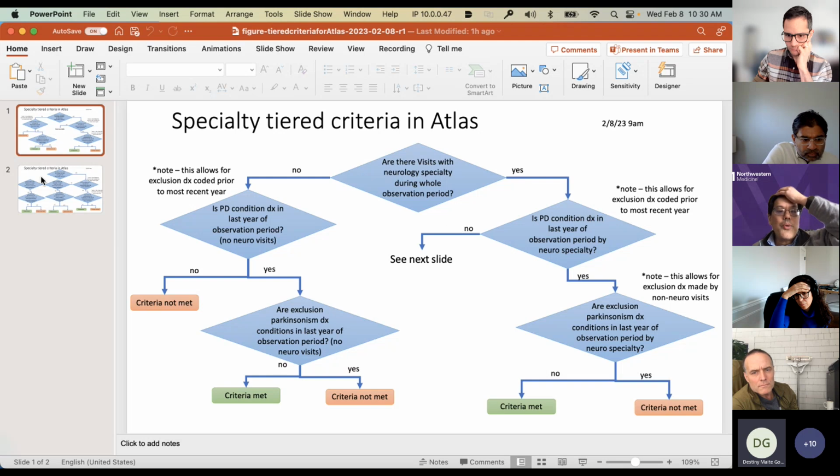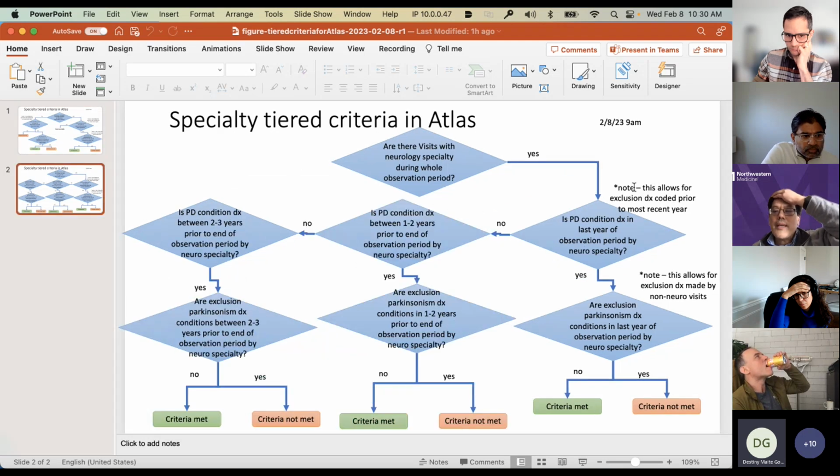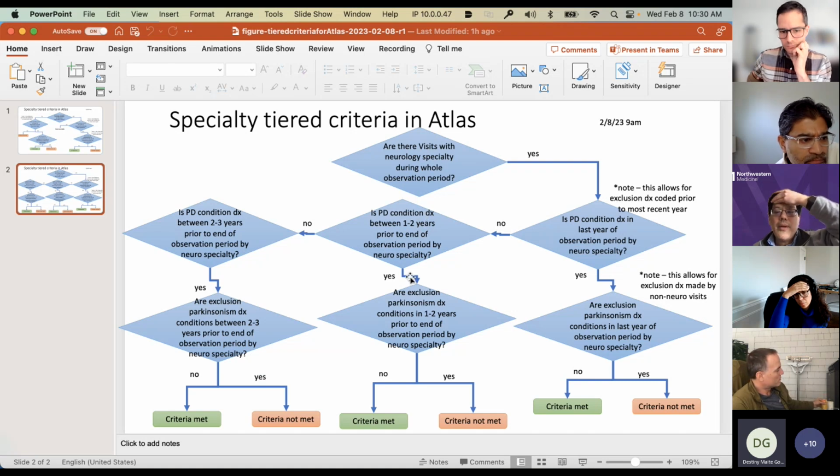If the answer is no, then you go into this cascade, right? This is the same. This is in the last year. If the answer is no, then you check for the neurologist specialty. Remember, this is all neurology now. Between 1 and 2 years prior to the end of the observation period, and you check for exclusions at that point. And there's no Parkinson condition in the last 2 years.